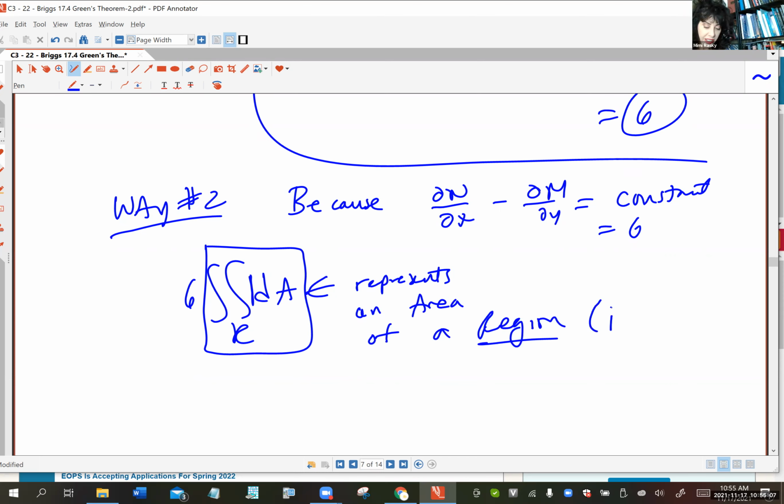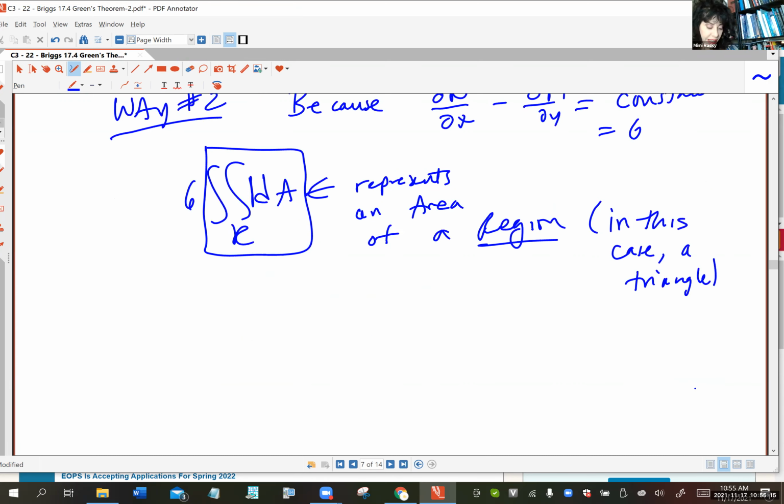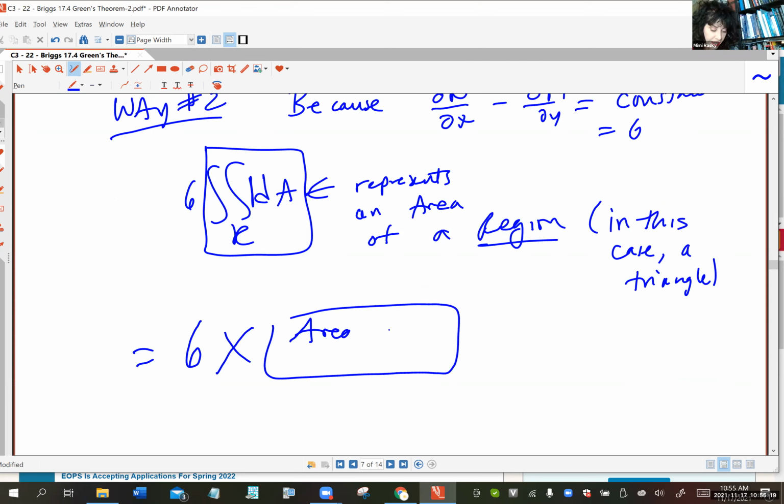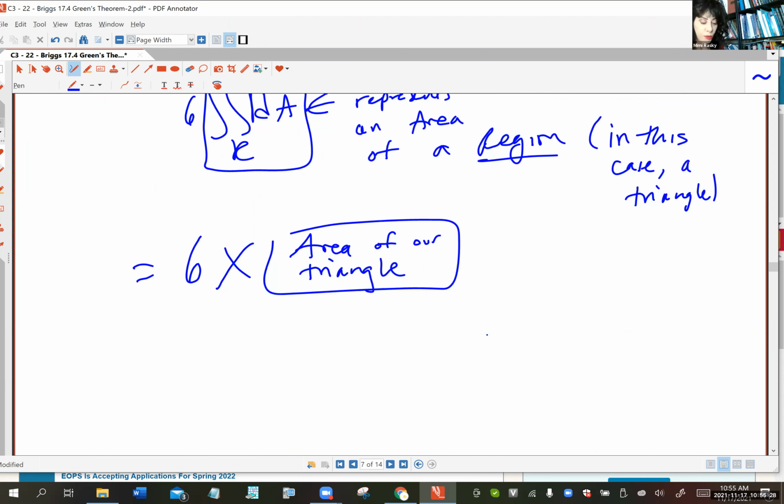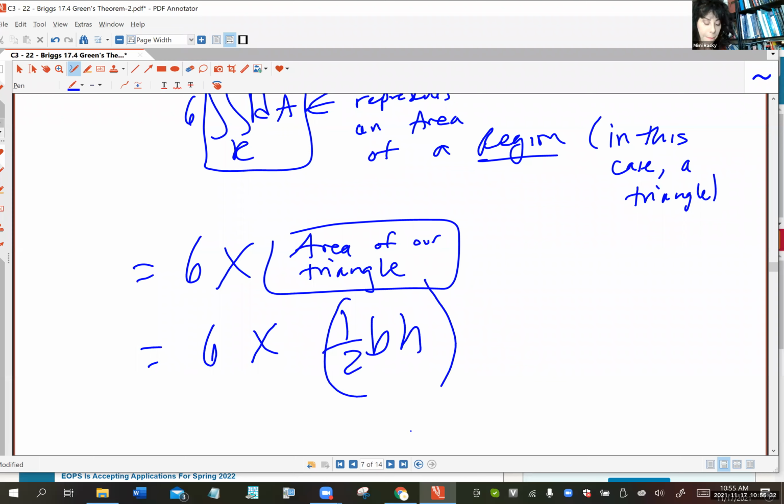In this case, a triangle. So what am I saying? I'm saying our final answer is going to be 6 times the area of our triangle. And we don't even have to bother doing a double integral because, back in 5th grade, we learned what the area of a triangle is. It's 1/2 base times height.